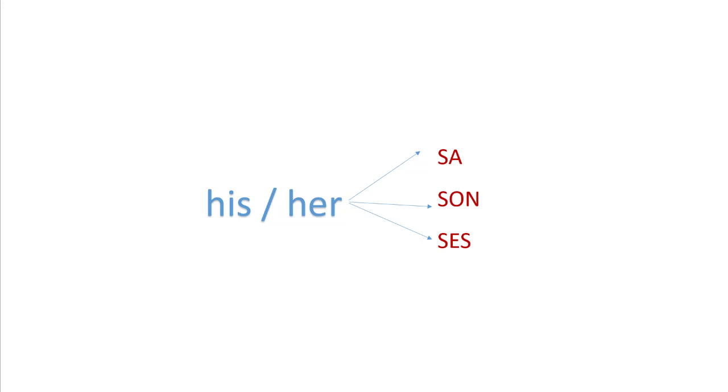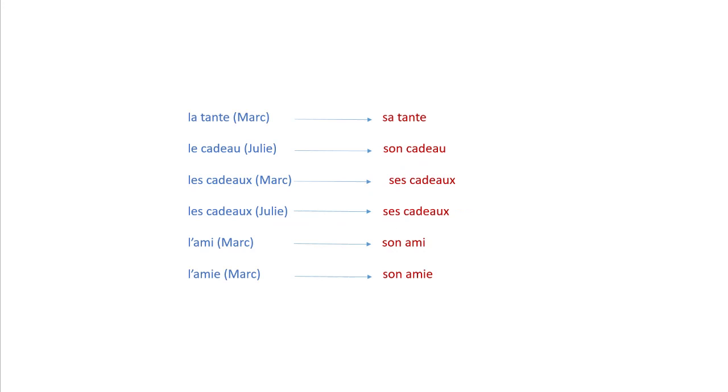Remember that in French, we looked at the noun that you're trying to talk about, this is the aunt, right? So when we said it's my aunt, we said ma tante. Your aunt, ta tante. Now, if we want to say it's his aunt, we're going to say sa tante. But also, if we were to say her aunt, we would also say sa tante.